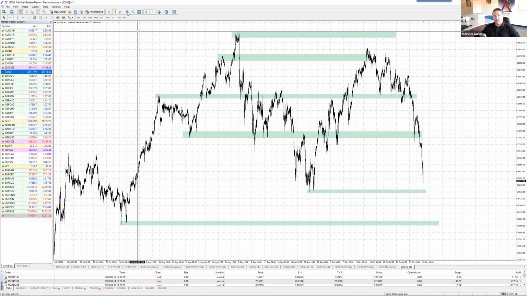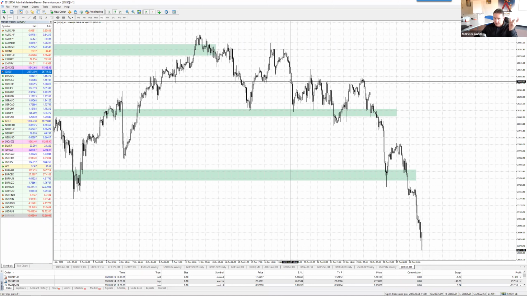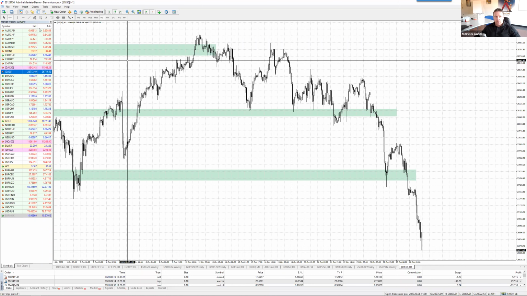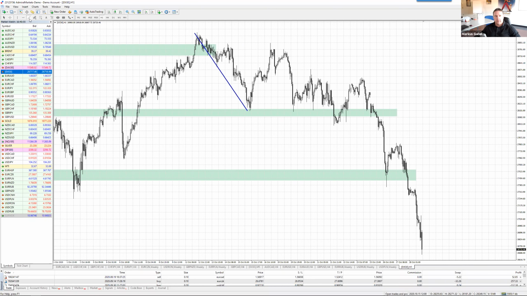Now you can scroll in, and in the case you work like the huge money, like the pros, then you see, okay, let's trade with the trend. So we have a trend maybe there, and then here comes the correction.